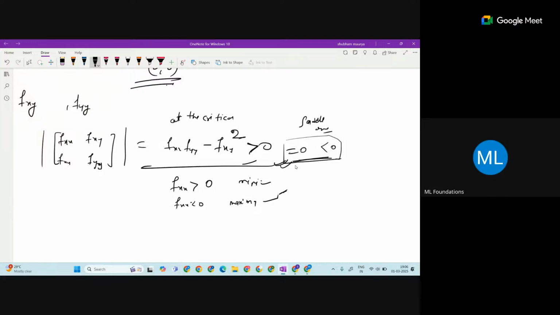Equal to 0 needs to be checked once. Less than 0 is fine, but equal to 0 sometimes actually needs further analysis. Many things are there.